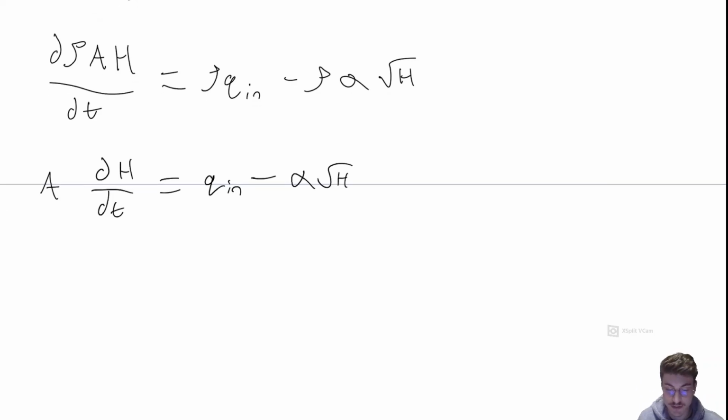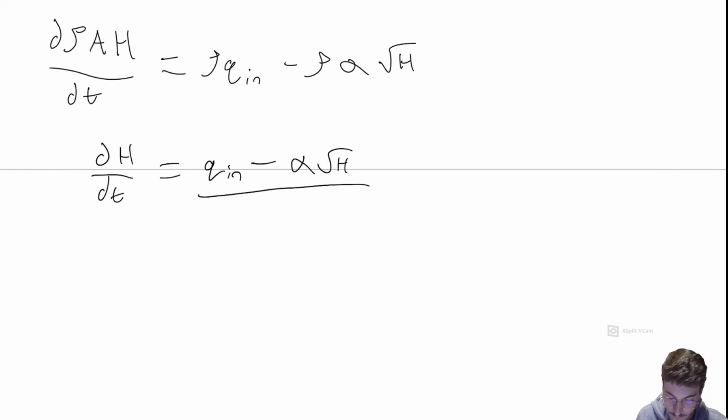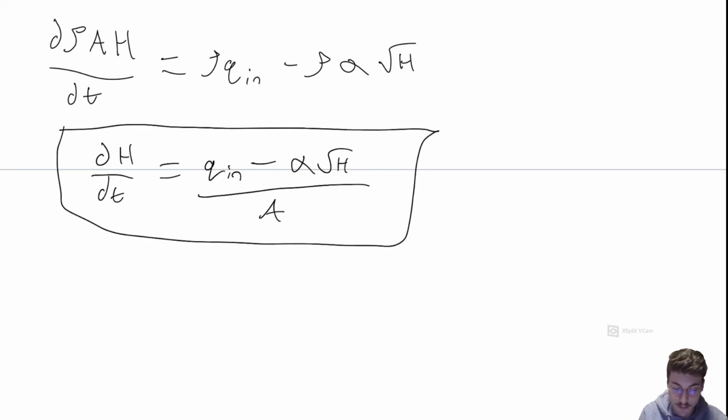And then we can just divide the A over right here. So now we have the change in height with respect to time of the tank if we know the flow rate going in, which we do, and everything like that.